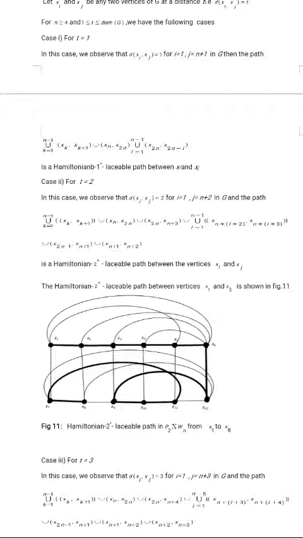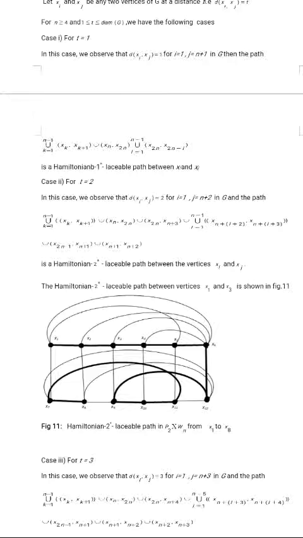Why do you say it is 2 star laceable? Because between any two vertices such that their distance is 2, we can construct a Hamiltonian path among all the vertices of distance 2. But for one or two such pairs we cannot construct a Hamiltonian path.